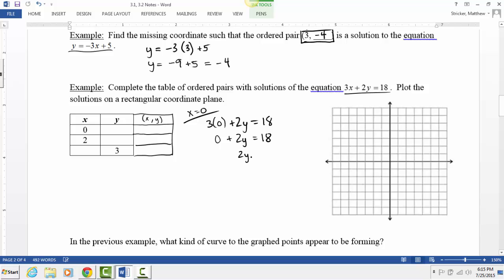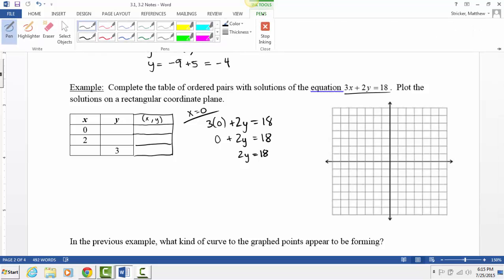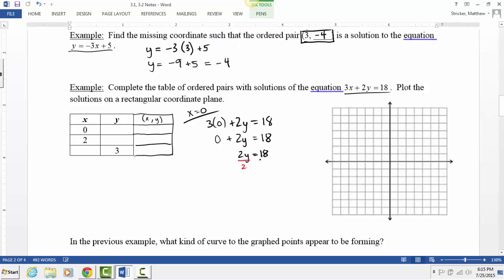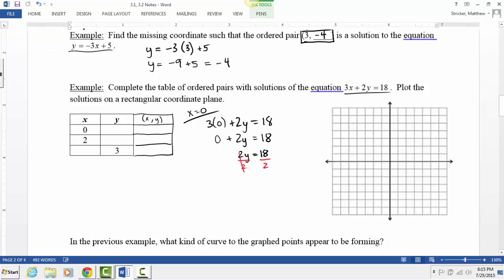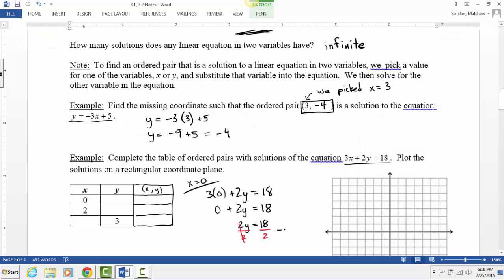So we have 2y equals 18. 2 is married to the y, so we have to divide by 2. We get y equals 9. So that gives us the ordered pair (0, 9).